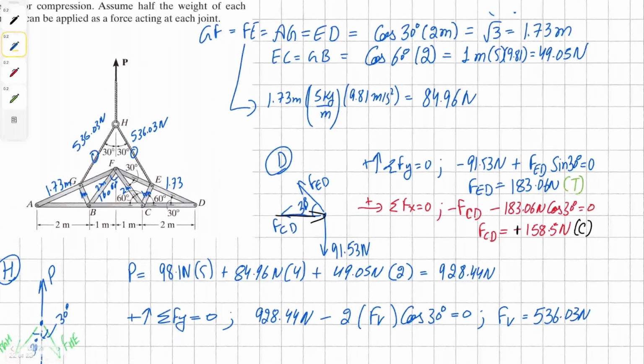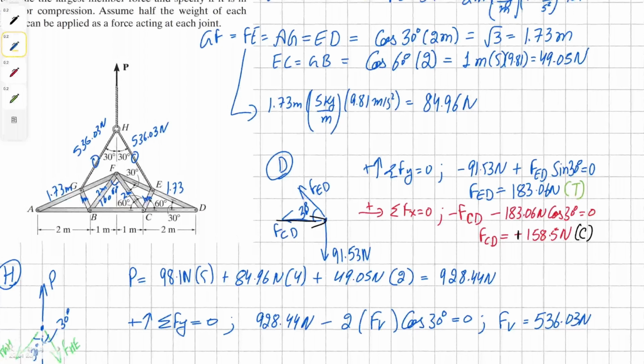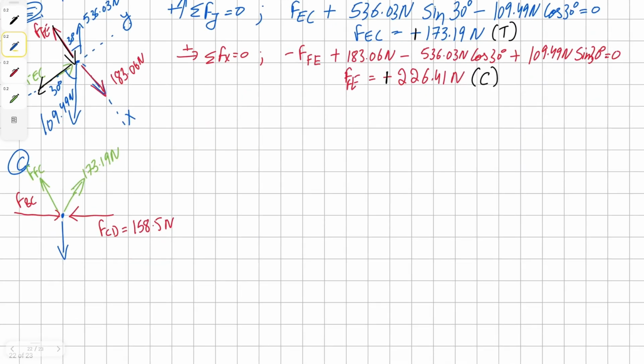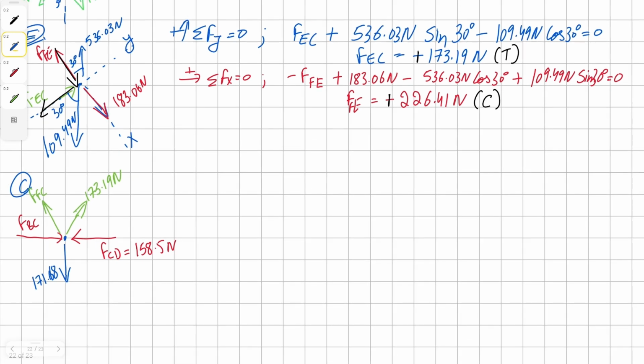The EC plus we have BC 98.1 plus we have CD. This comes up to be 171.68.